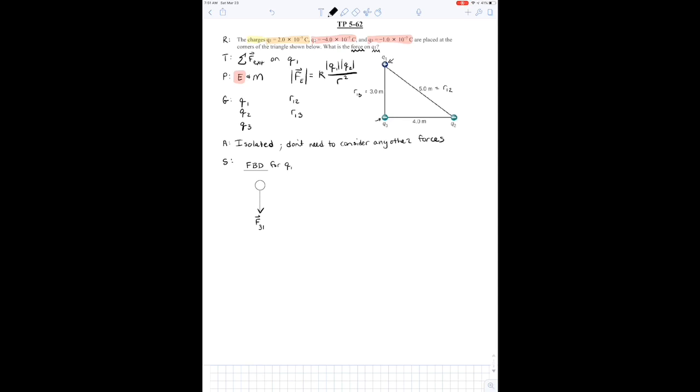And then we have another force. In this case, we've got an electrostatic force coming from charge 2 that's acting on charge 1. So I can draw, again, Q2, charge 2 is negative, and charge 1 is positive. So there's an electrostatic force coming from charge 2, acting on charge 1.